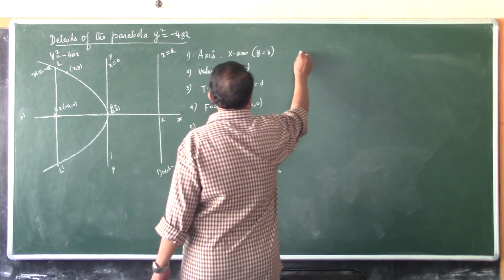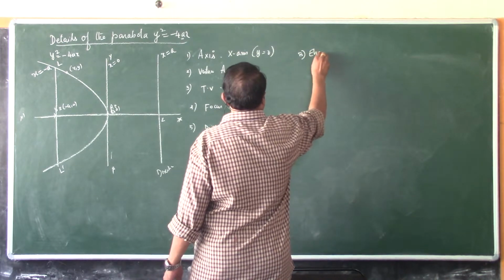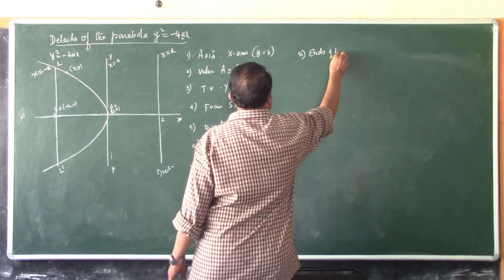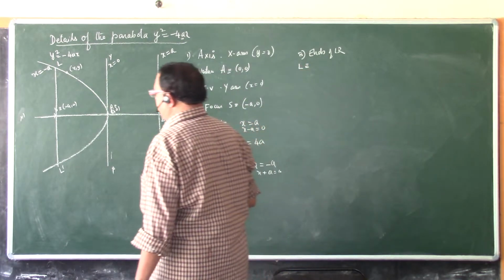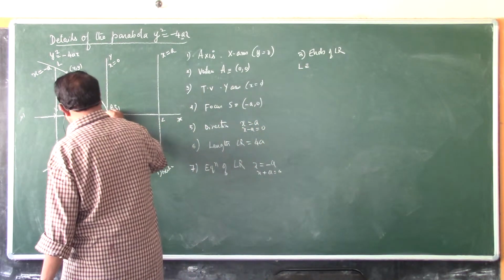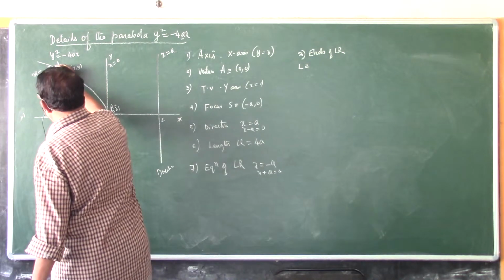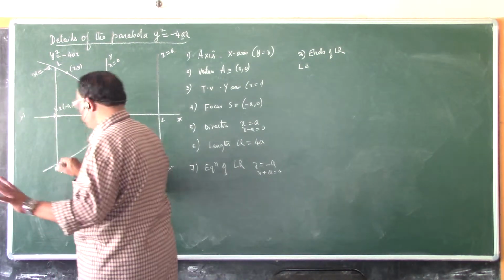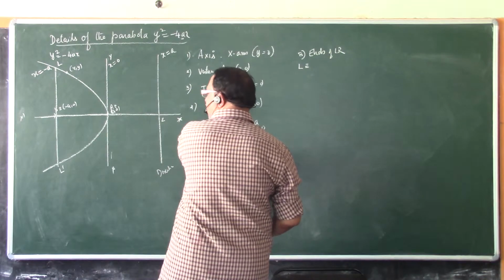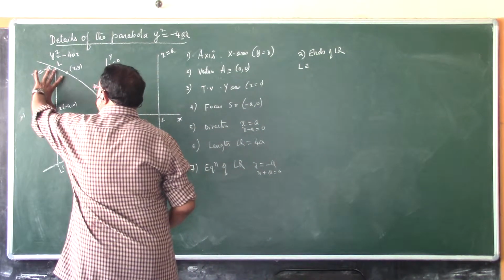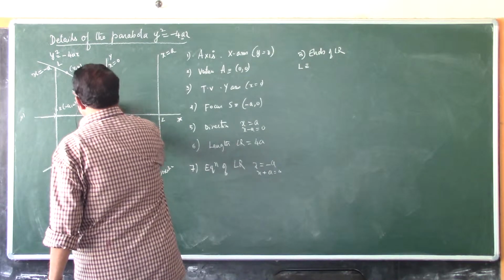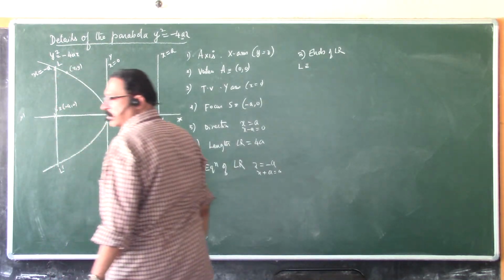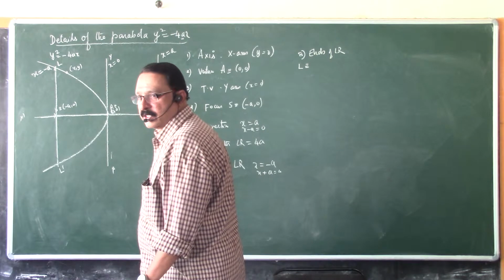And lastly, ends of LR. That means the coordinates of the ends of the latus rectum. Upper end L. See, it is at a distance minus a, and total length is 4a. What is the total length of latus rectum? 4a. And here it will be 2a, and this will be 2a. And it is in the second quadrant. So what is the sign of the second quadrant?